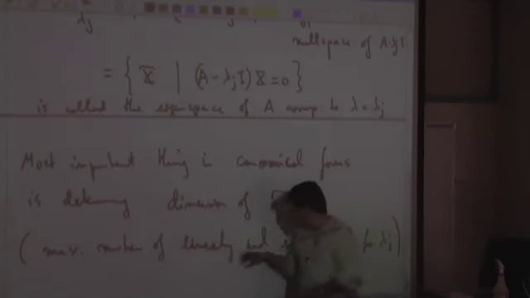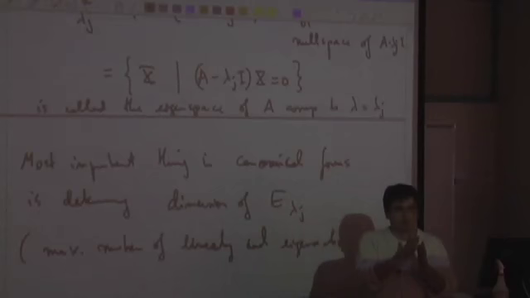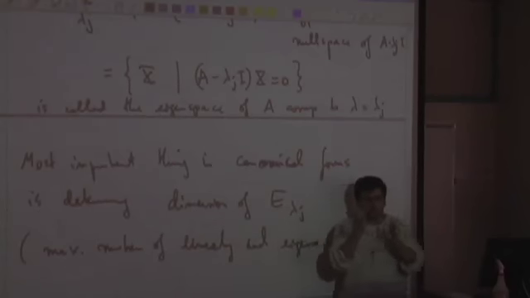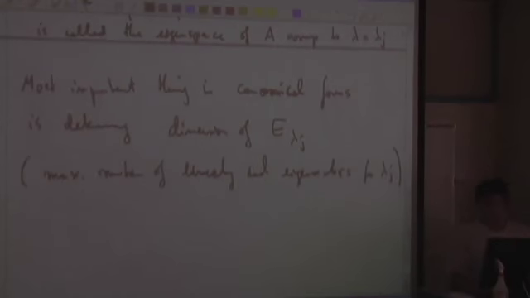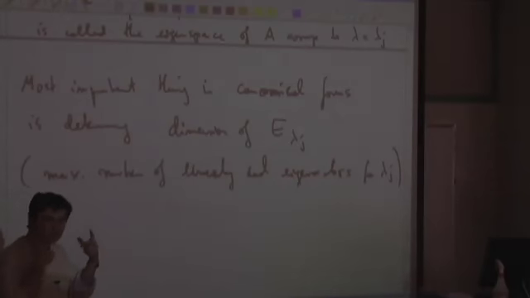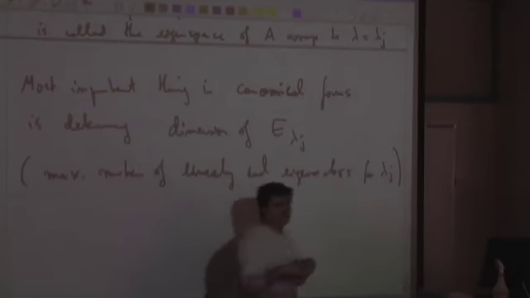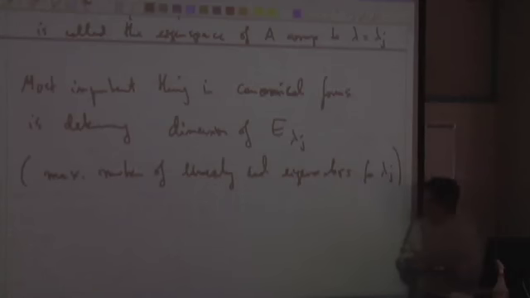Now, does everybody know what linearly independent means? So within each eigenspace, you have to be able to find, not necessarily the basis, but just the number of linearly independent eigenvectors.